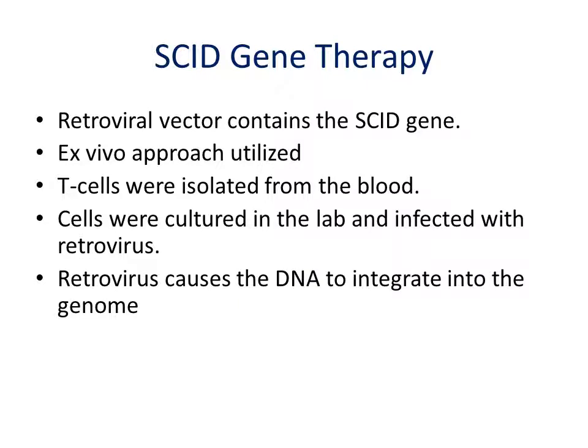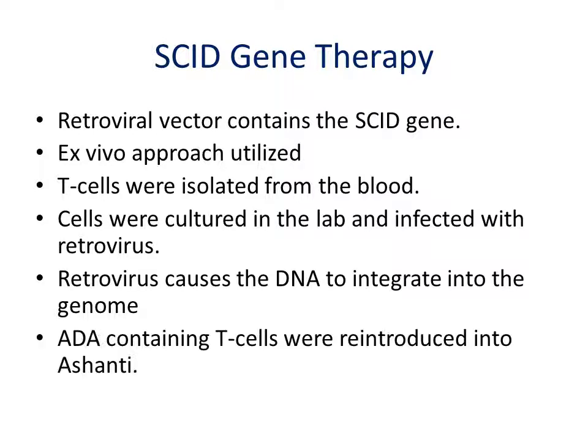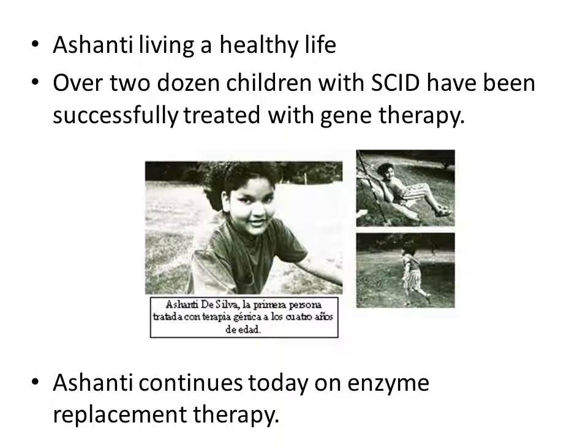The retrovirus caused the DNA to integrate into the genome of Ashanti's T cells, and then these were returned back to Ashanti. So this therapy saved Ashanti's life, and over 24 other children with this immunodeficiency have been successfully treated with gene therapy.